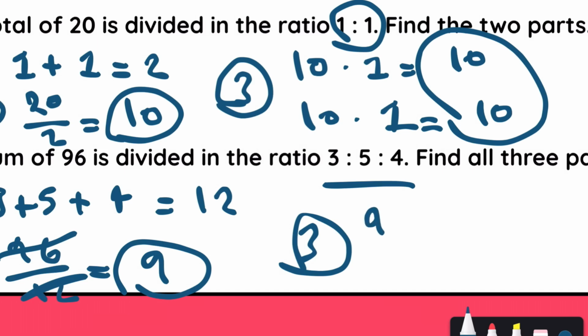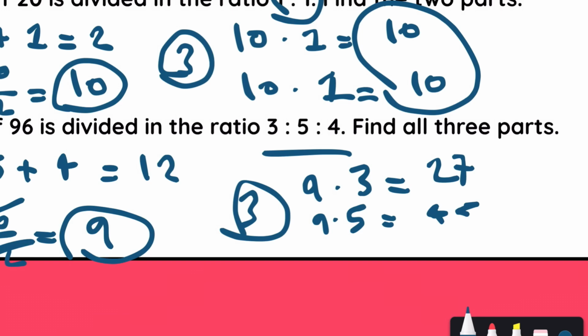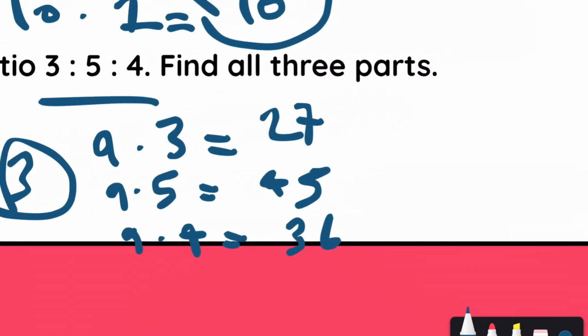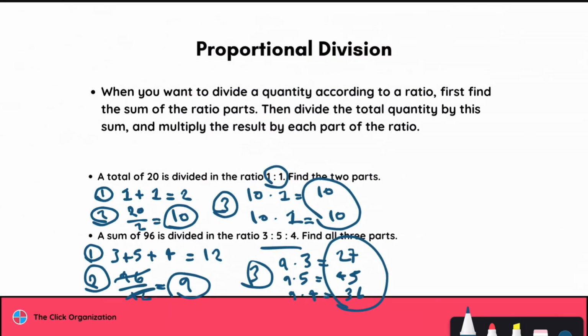So, 9 times 3 equal to 27. 9 times 5 equal to 45. And 9 times 4, which is equal to 36. And these are the three parts that we have been looking for. And this was proportional division.